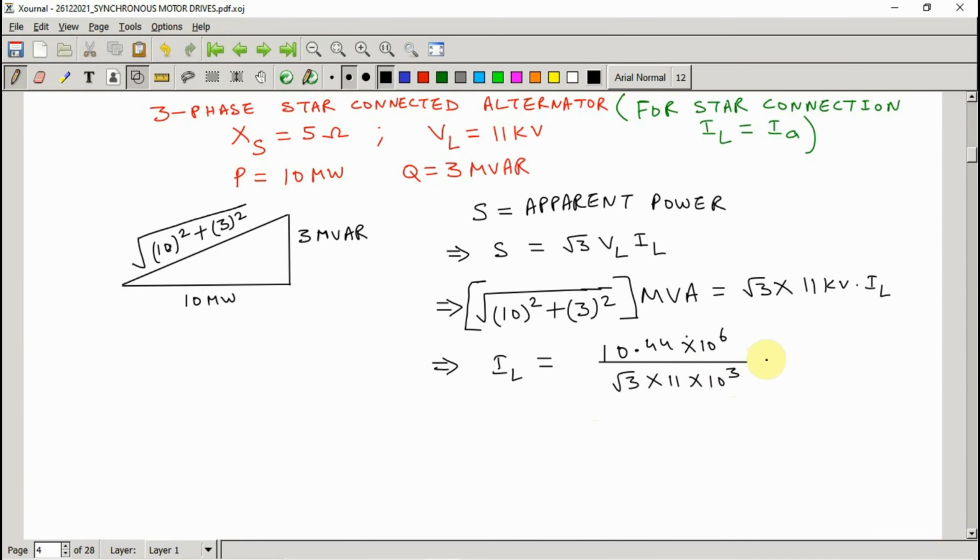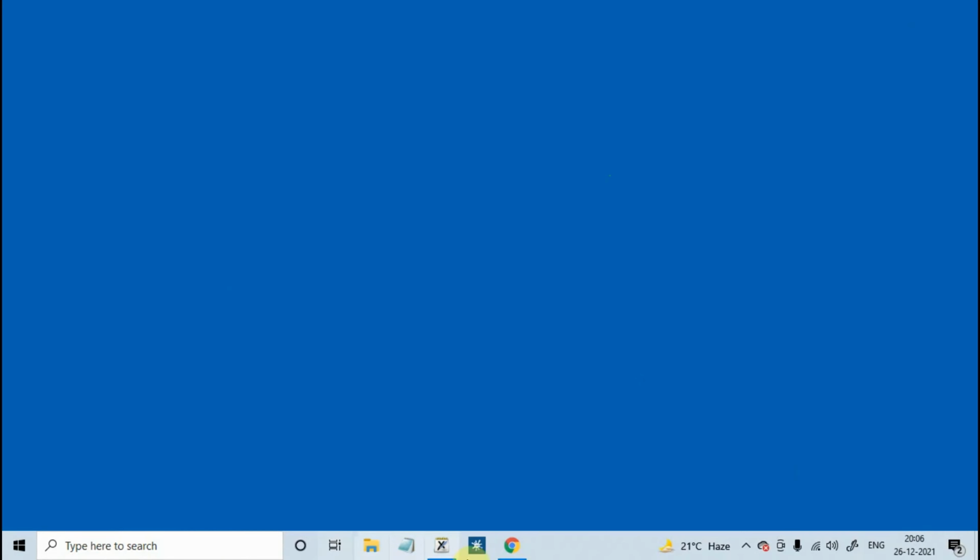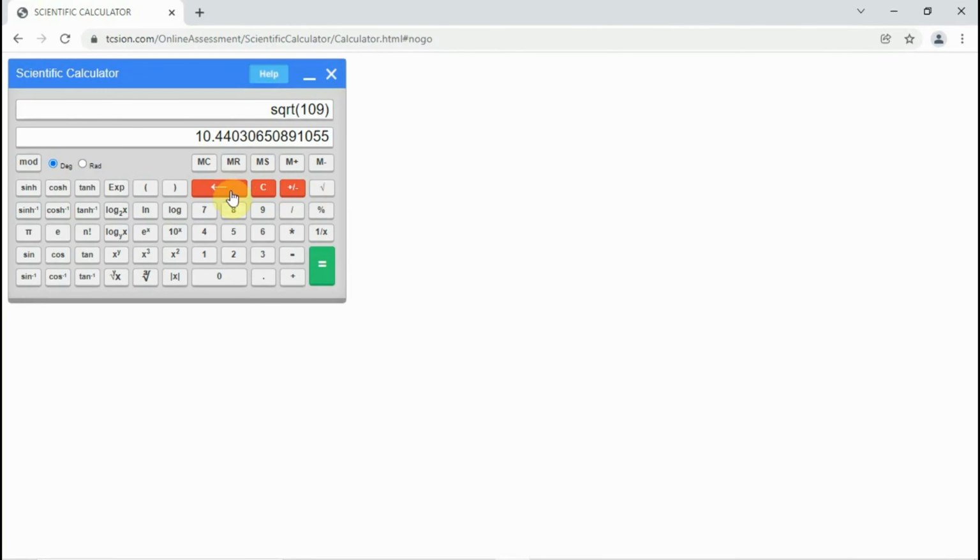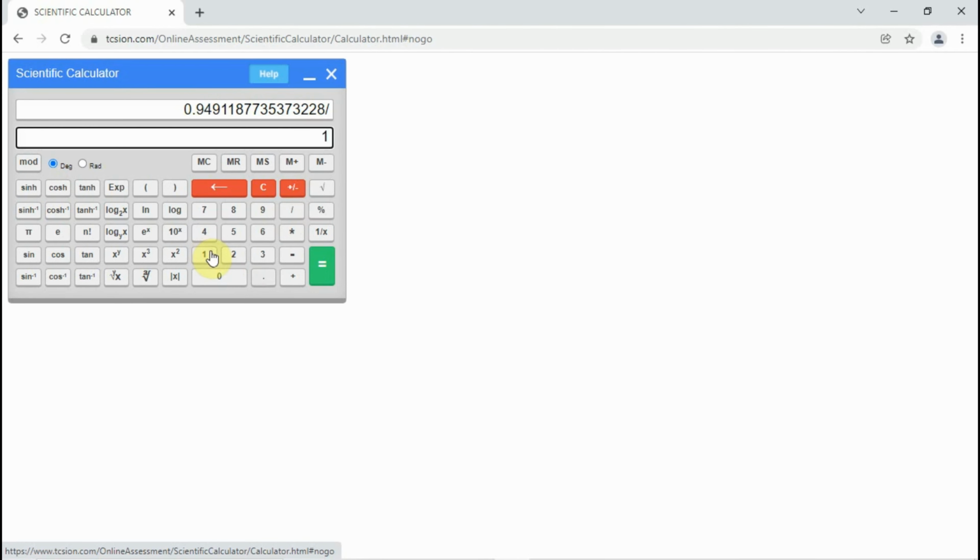It was in kilovolt. So 10.44 by 11, let us do it. Then you have to again divide by square root of 3. So square root of 3 is 1.732. So it is coming like this, 0.547.